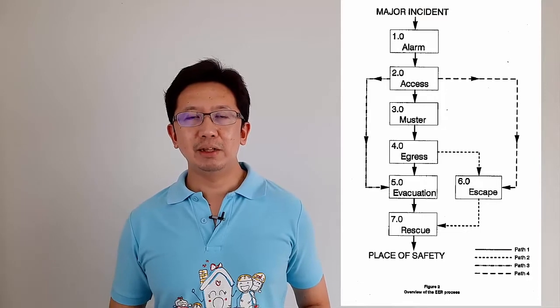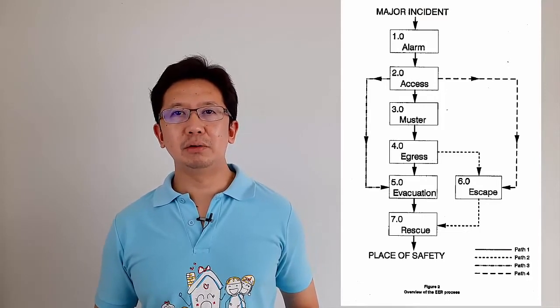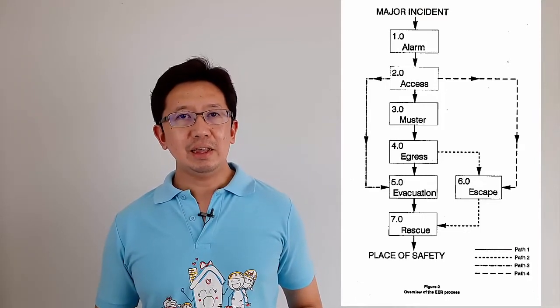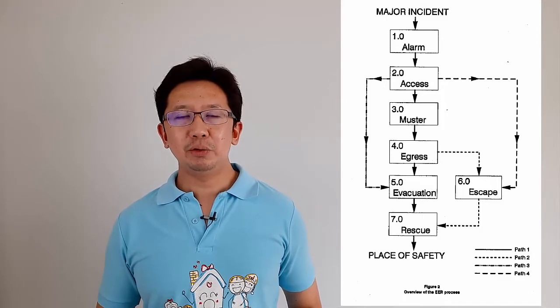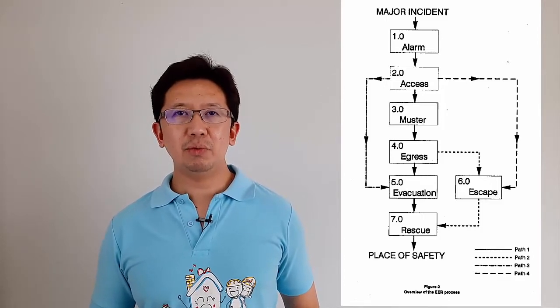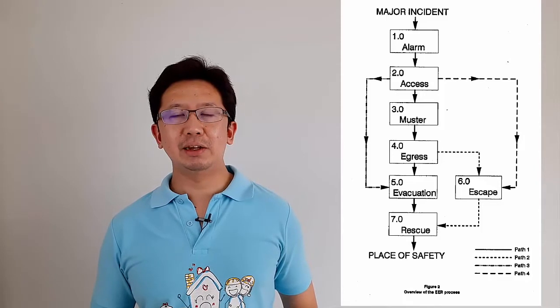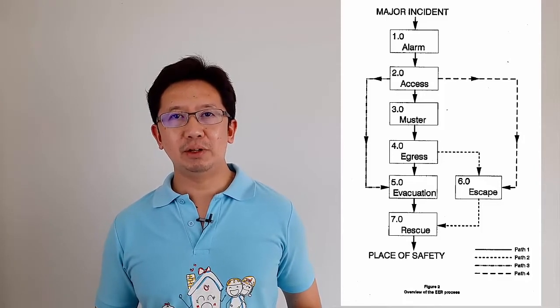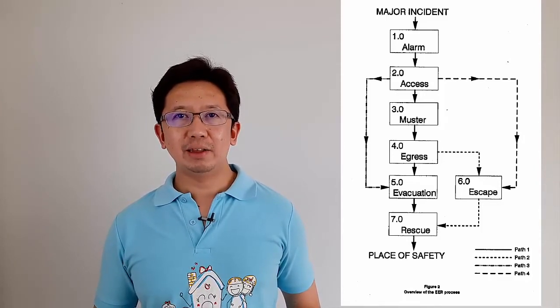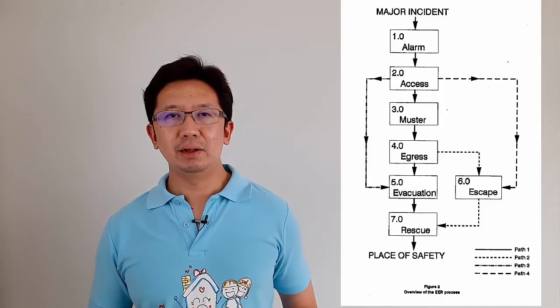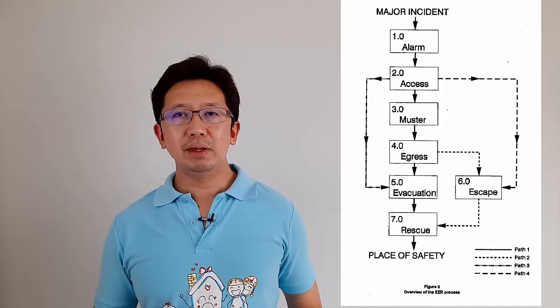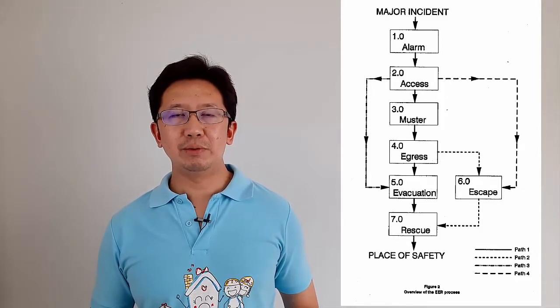The evacuation, escape, and rescue process is shown as below. The EER process is separated into 7 stages. First, detection of an accident and communication of emergency. Second, access to the muster area. Third, mustering and command and control of emergency.